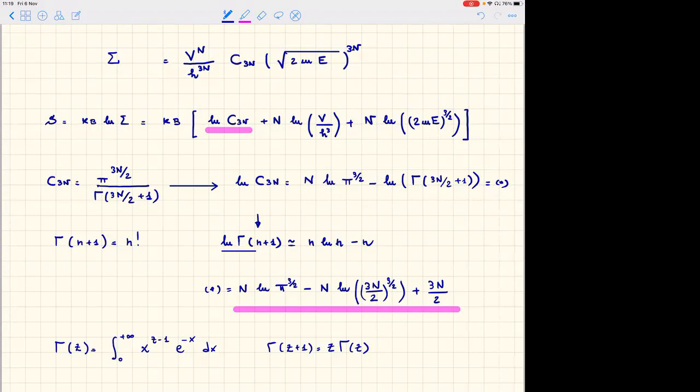So let me cancel this because it's useless. Let me now take these two and substitute into the expression for the entropy.